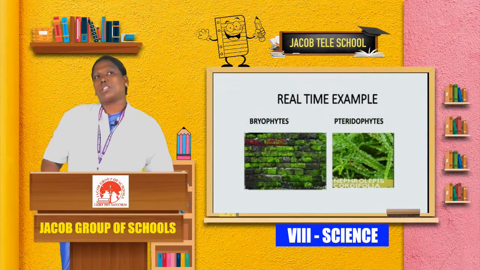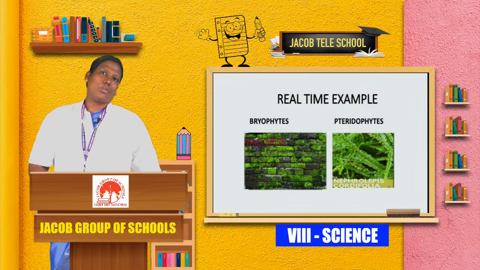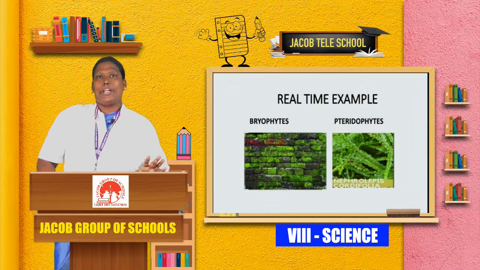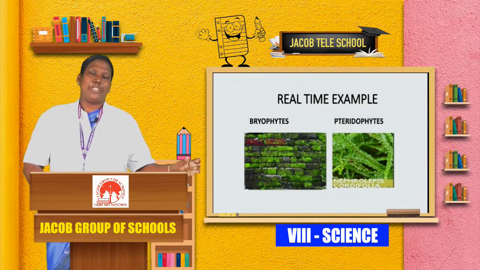ஸோ இப்போ bryophytes-க்கும் pteridophytes-க்கும் ஒரு சின்ன டிஃப்ரென்ஸ் மட்டும் நான் உங்களுக்கு சொல்லிடுறேன். At the end of the class we are going to see some more differences also. Bryophytes-ல xylem and phloem is absent.